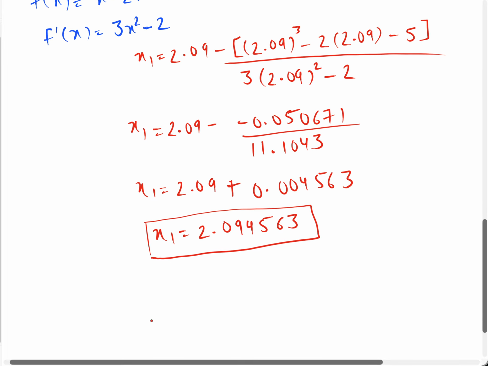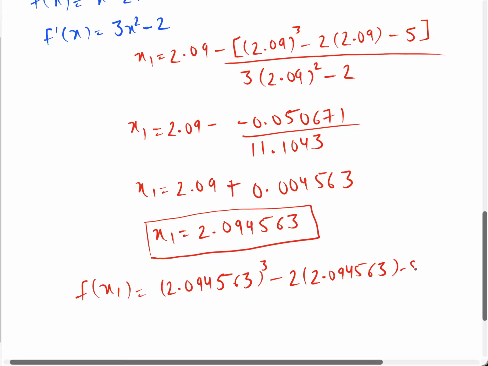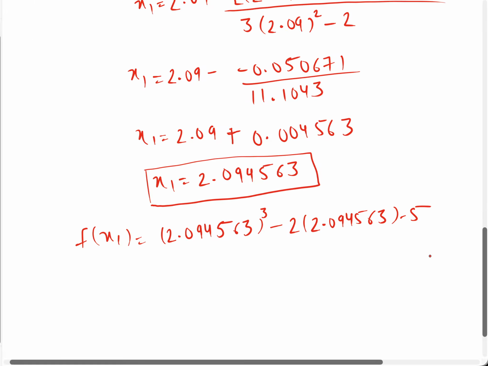So if I try to calculate f(x1), it will be 2.094563 cubed minus 2 times 2.094563 minus 5. I'll use the calculator.